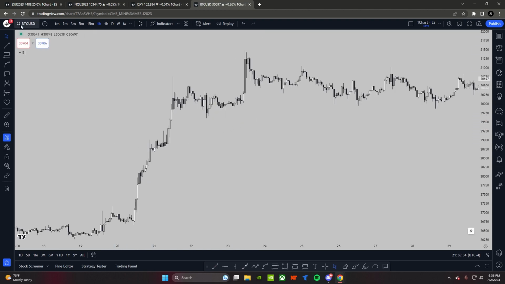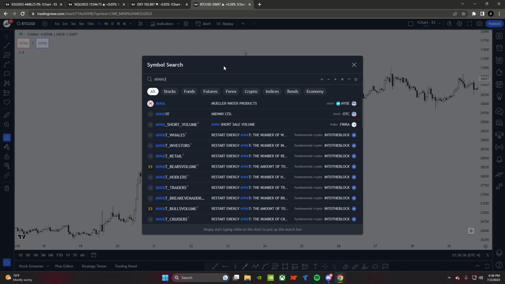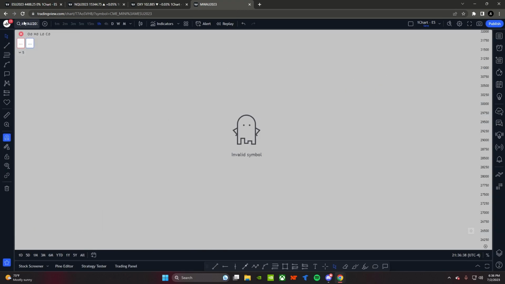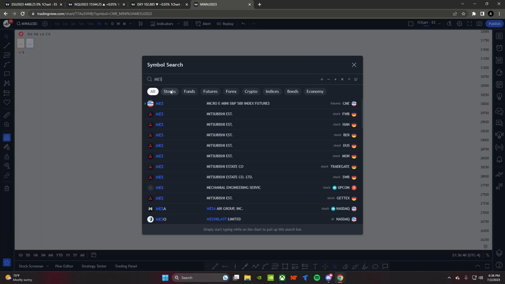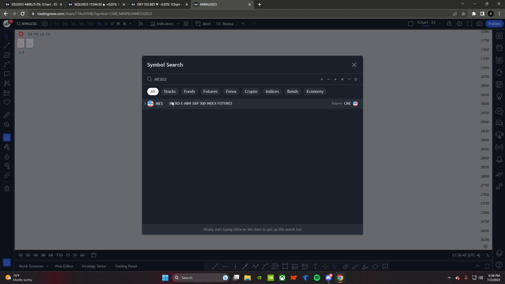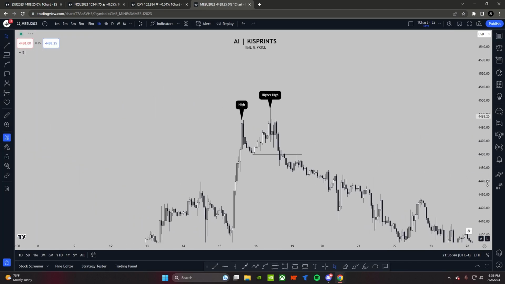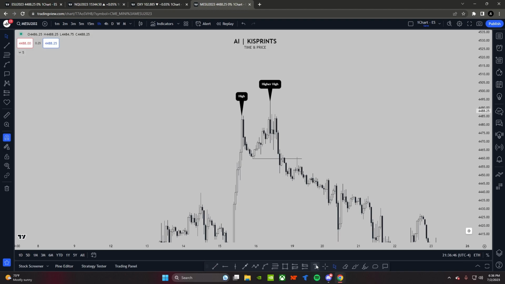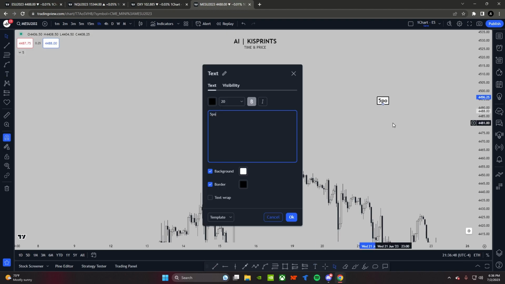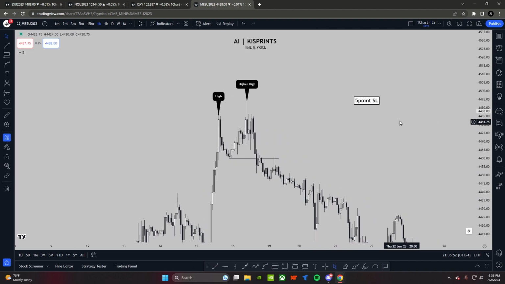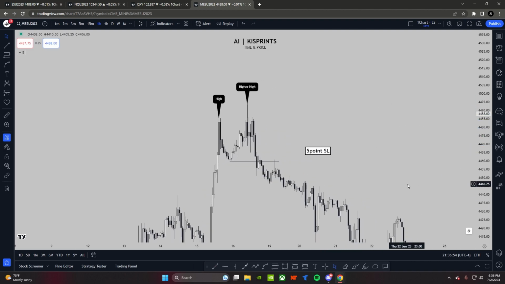I just changed my chart here. There you go. All right. I always recommend either a 5 point stop loss, and 5 points is very generous on ES.